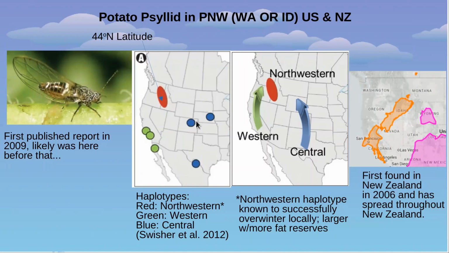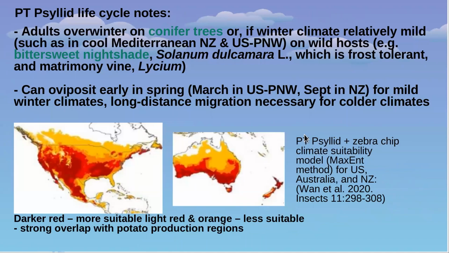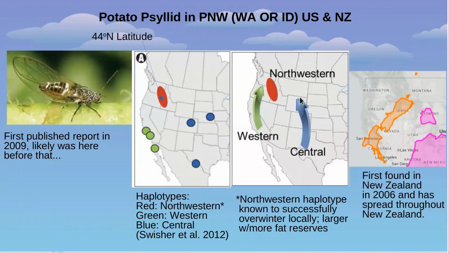And then older, much more knowledge had been gathered about especially the central haplotype that overwinters in the southern US and migrates to the north, as shown here. So yeah, there's a common long distance migration that happens in the Midwest, and many of these make it all the way to the Northwest.